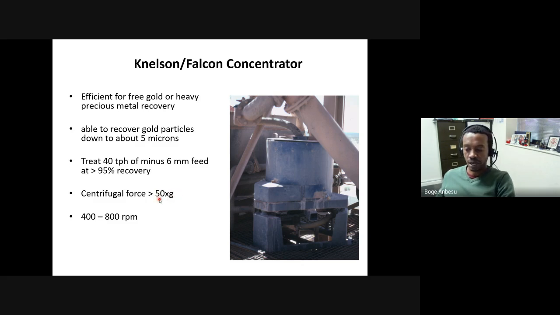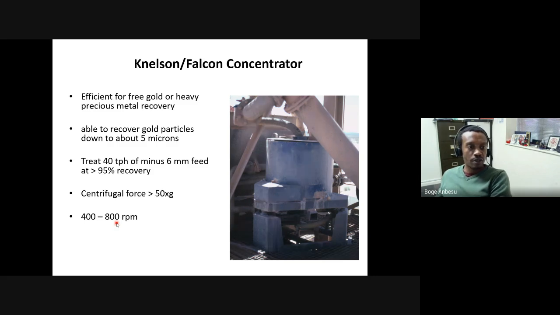So very high speed is applied, and therefore you create centrifugation inside that separator. Because of that, we're not just relying on gravitational acceleration, it helps with separation of fine particles as small as 5 microns, for example. In this case, the rotation could be even up to 800 revolutions per minute.